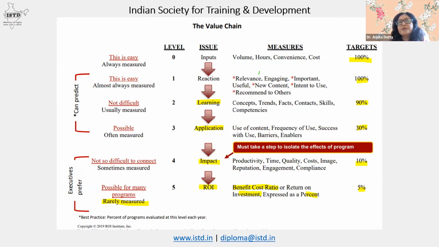I think in 2021, they had won five Brandon Hall awards in different categories. Likewise, there are many organizations like that. Landmark Group also, I remember, Siemens also had received. So they focus on the value chain very seriously, and they are able to achieve the impact.